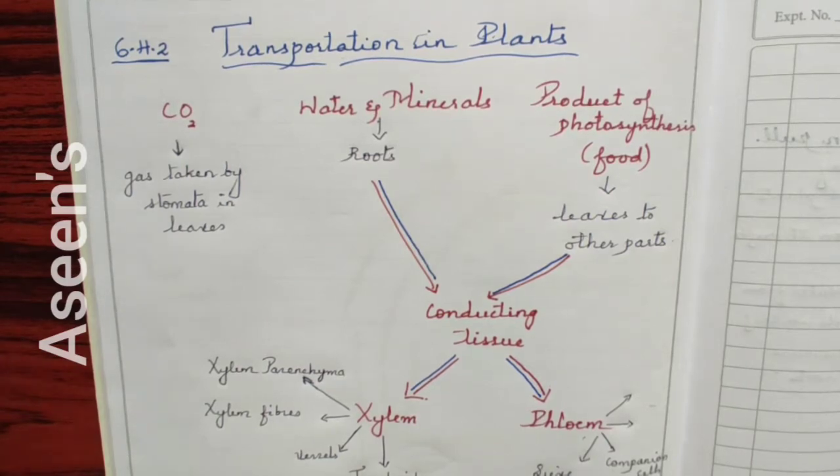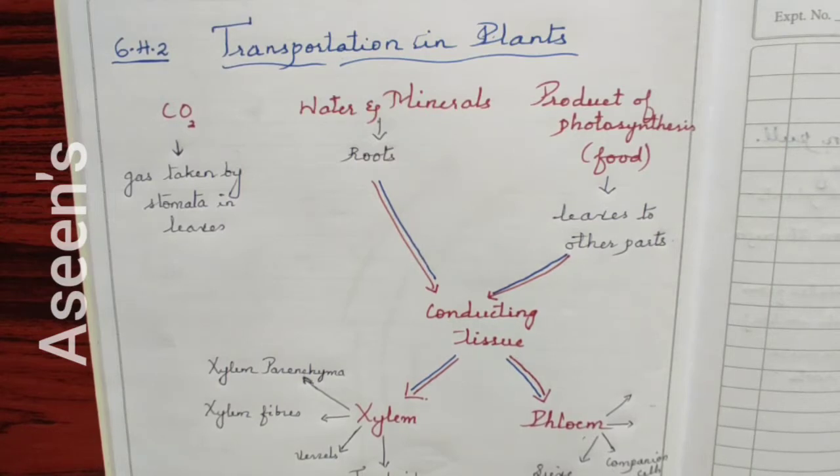Now the question: what are the substances which have to be transported in a plant's body? Let's start with a simple concept such as photosynthesis. Photosynthesis is something we have been studying from lower classes.